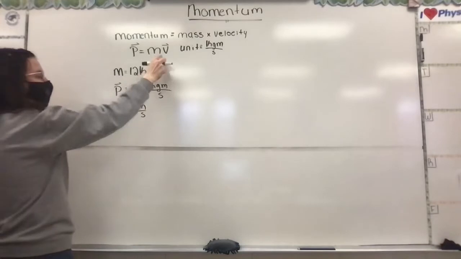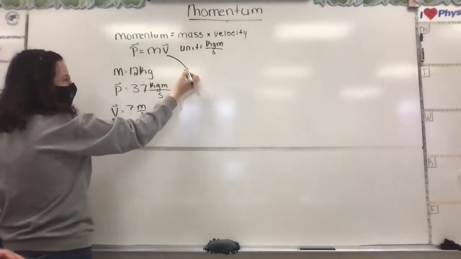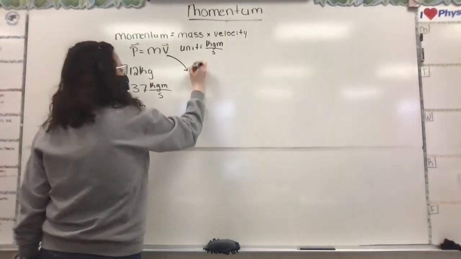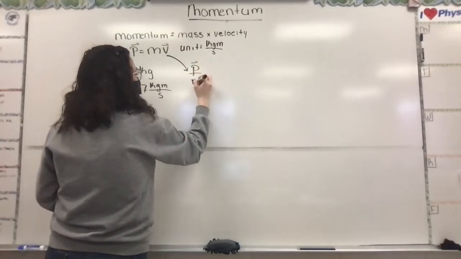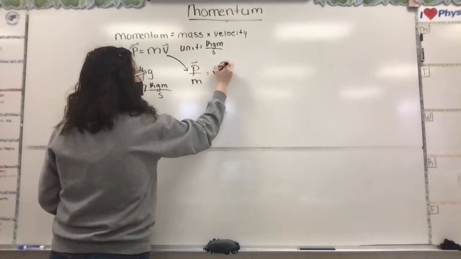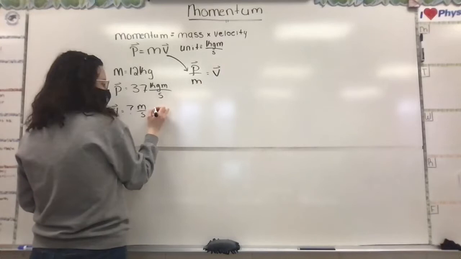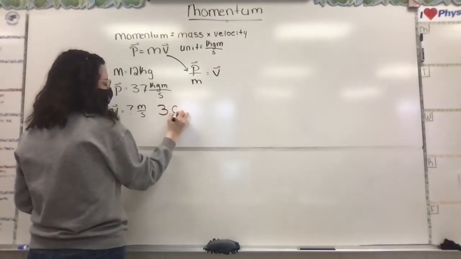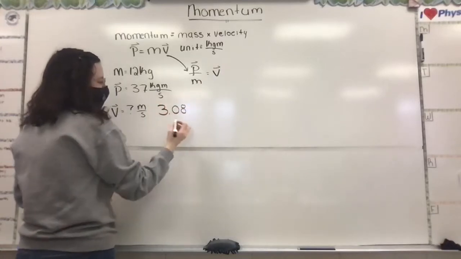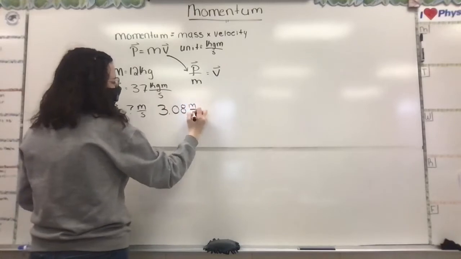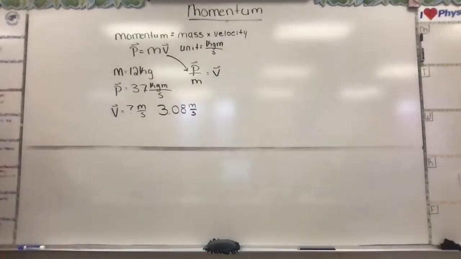So how are we going to take this equation and rearrange it to solve for velocity? You're going to take the momentum divided by the mass. 3.08 meters per second. Velocity.